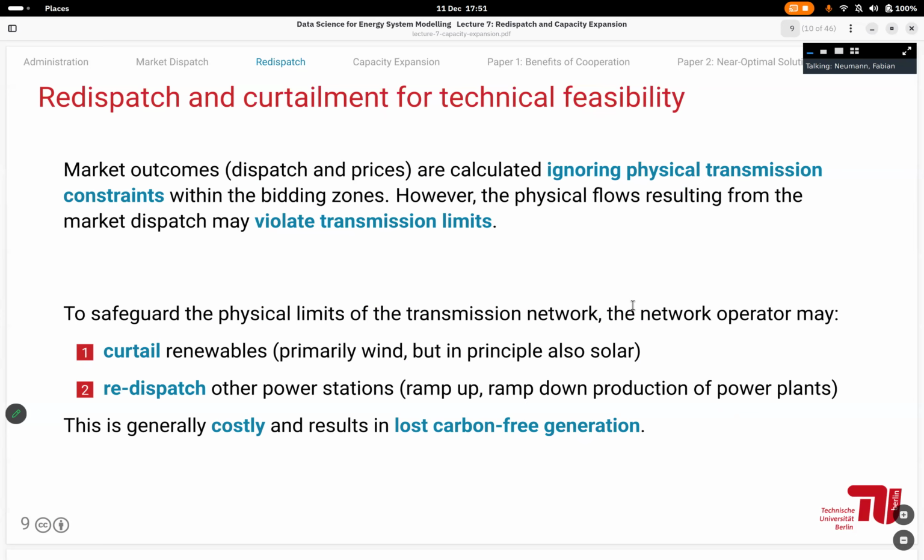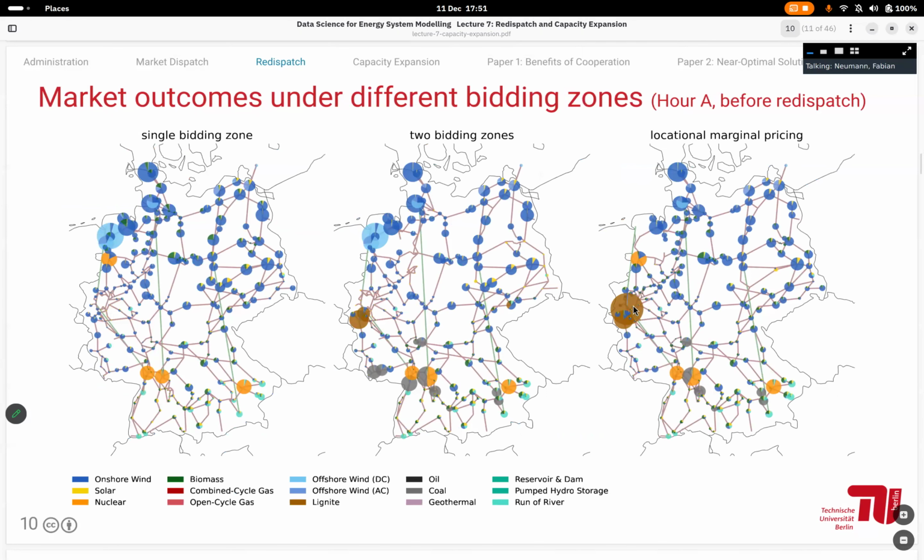So it could be ramping up or ramping down production of power plants so that network bottlenecks are resolved. And I'll show a few illustrations in a moment. Generally, from a very theoretical, idealized point of view, you could say this is quite costly because it would be optimal if we could directly incorporate that into the market.